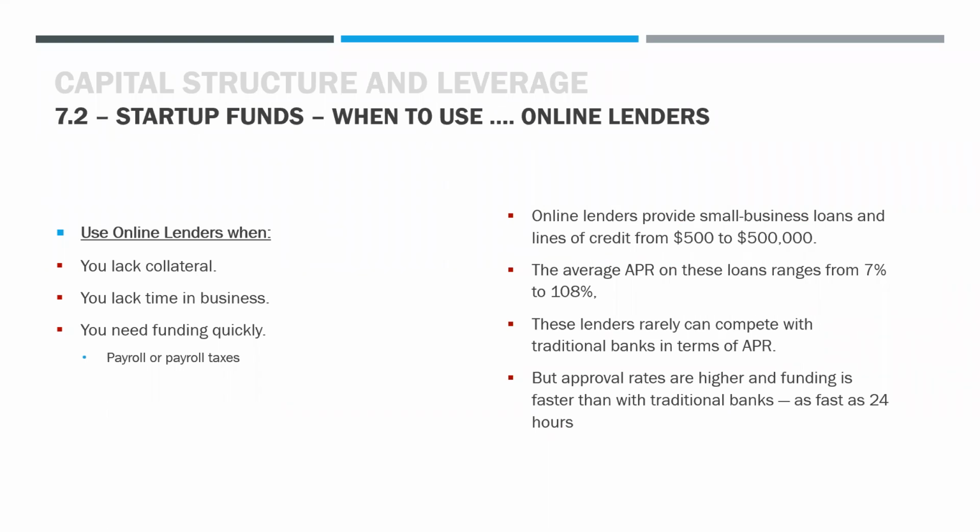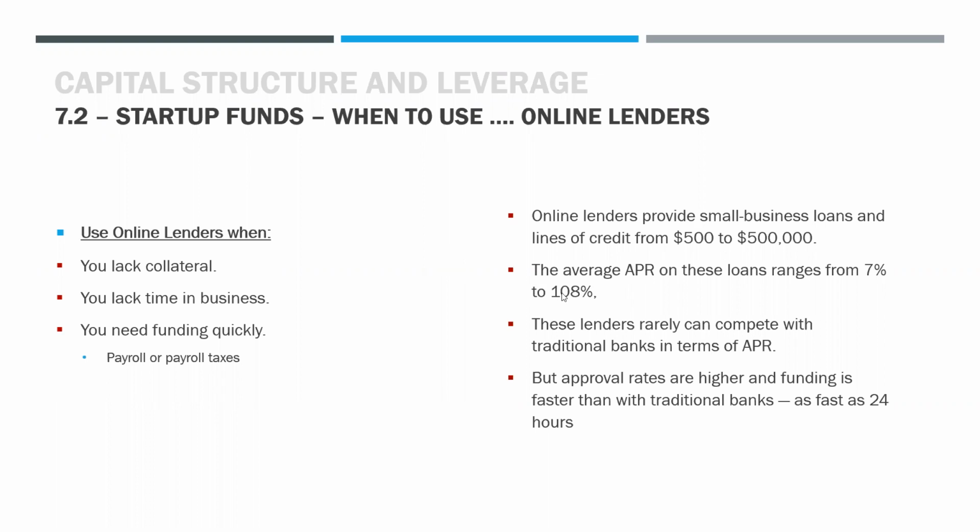You don't generally need collateral for those, and usually there is a minimum credit score requirement, but it's not super high. And generally the process on that is pretty fast, but depending on your credit, look at that top interest rate.